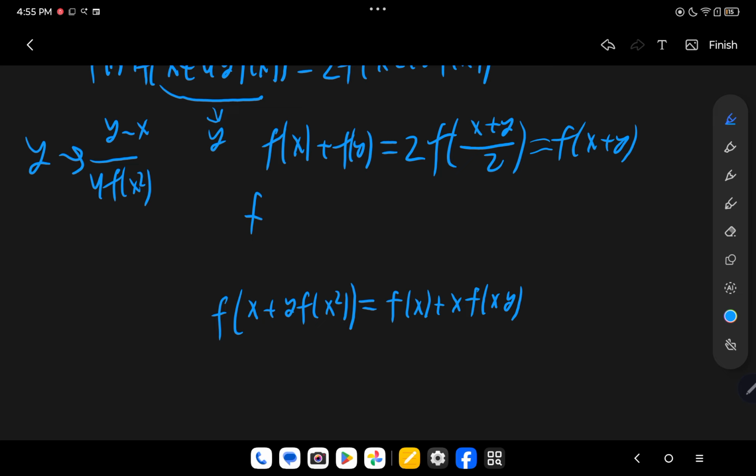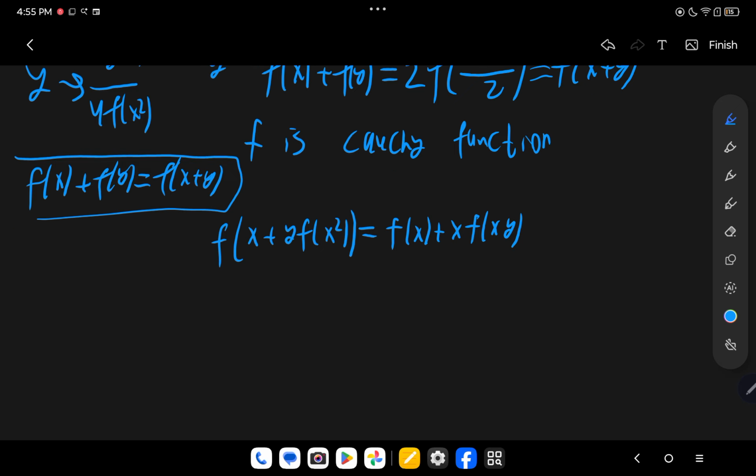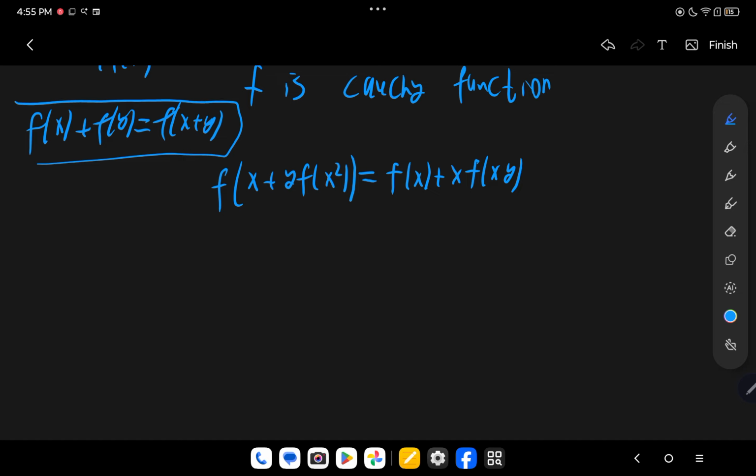So we get that f is a Cauchy function. So f(x) plus f(y) equals f(x plus y). We can see that one of the solutions for this is f(x) equal to x, but this is not the only one. So we will continue to prove that f(x) should be equal to x.